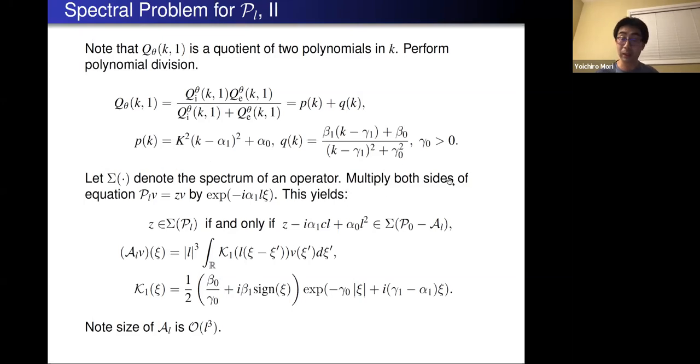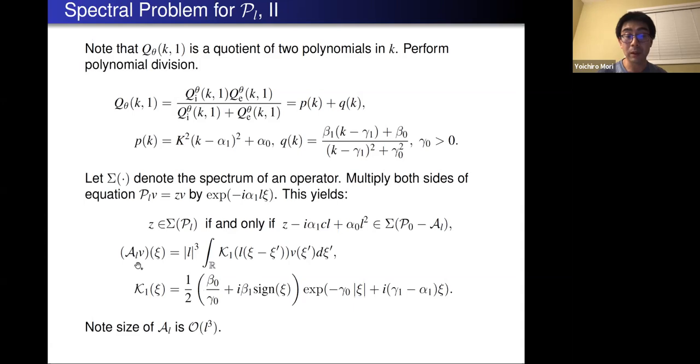If you perform this algebraic trick, then one can show very easily that one can study the spectrum of PL just by studying the spectrum of P0 minus AL, where the operator AL is just a convolution against a pretty well-behaved kernel KL.